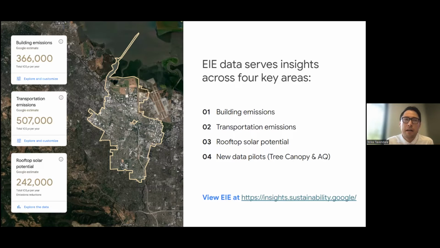We have inputs so that you can see what changes happen to emissions when you alter the conversion factors, and you can also download the data as CSV, so you can start plugging it into various spreadsheets and other workflows to see how our data compares with other data sets. You can sign up for EIE today at insights.sustainability.google.